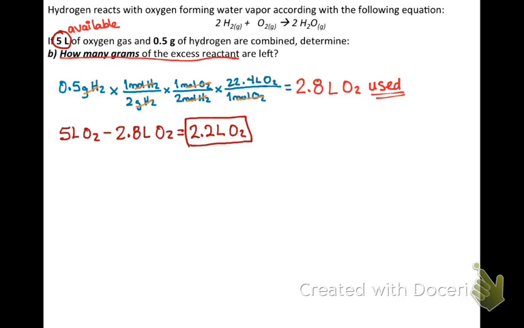We can go from liters of oxygen to grams of oxygen, and this will be made by using first the molar volume, 22.4 liters of oxygen. I can transform it to moles like this, 1 mole of oxygen, and then use the molar mass.